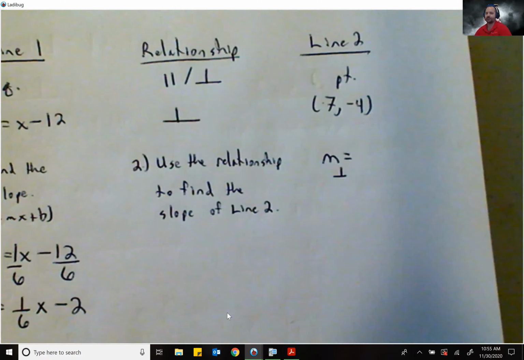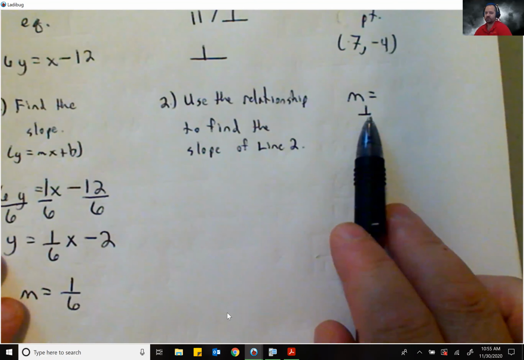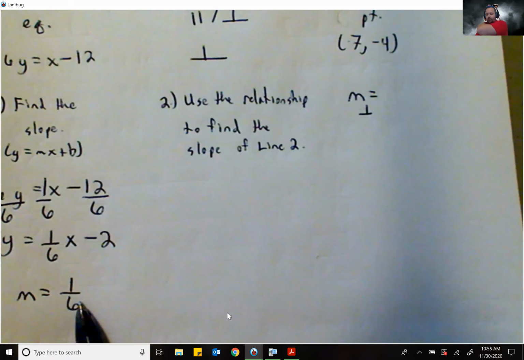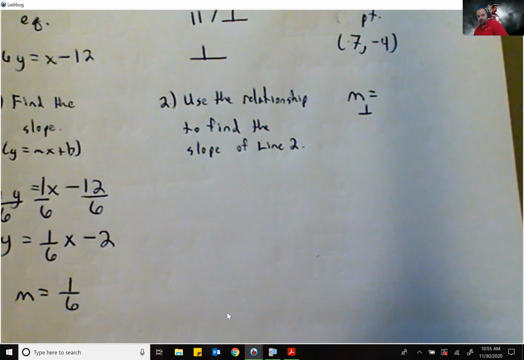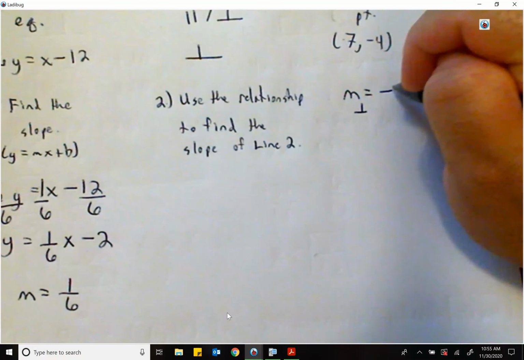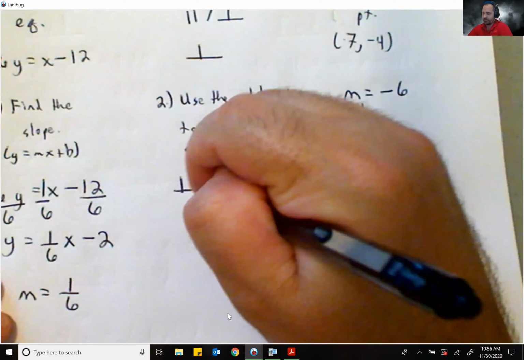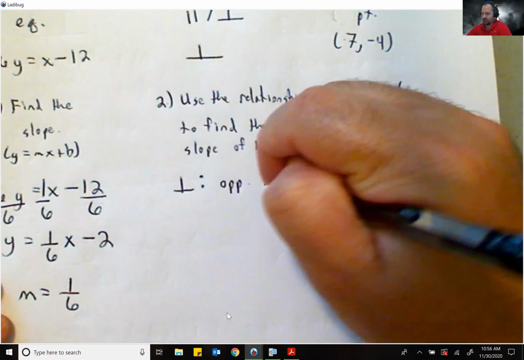So our slope is perpendicular. So what does that do to this? What is the perpendicular slope to 1/6? -6. Good job. Because perpendicular slopes, you take the opposite reciprocal.